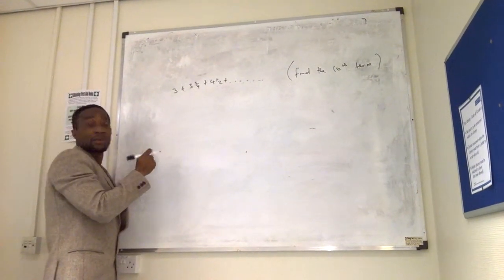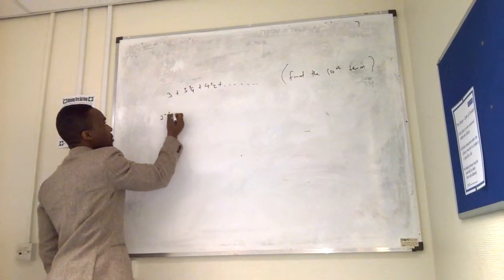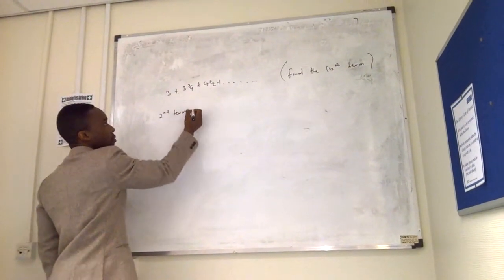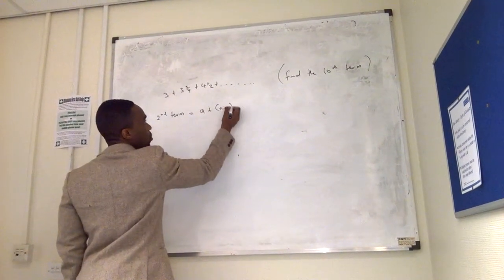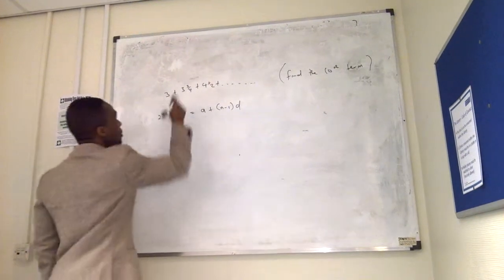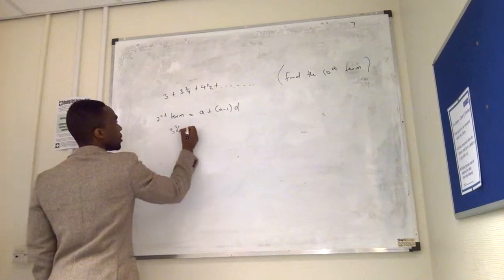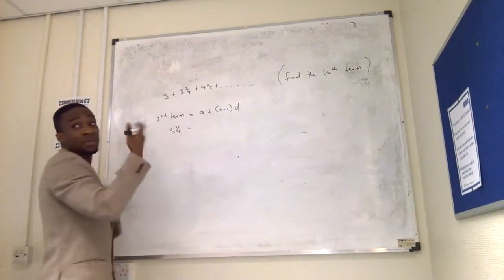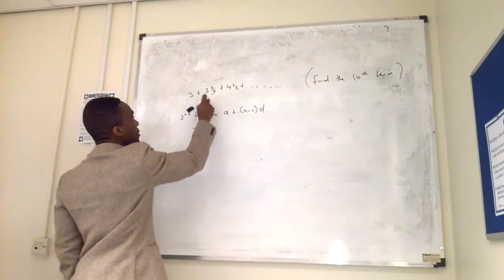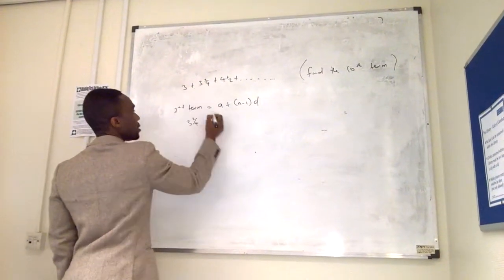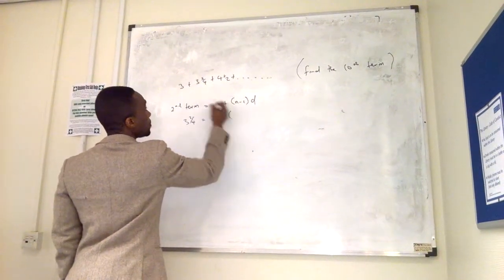The second term will always be something like A plus (n minus 1) times D. We know the second term to be 3 over 4, although you can figure this out immediately, but this is the best way, just in case you're confused.